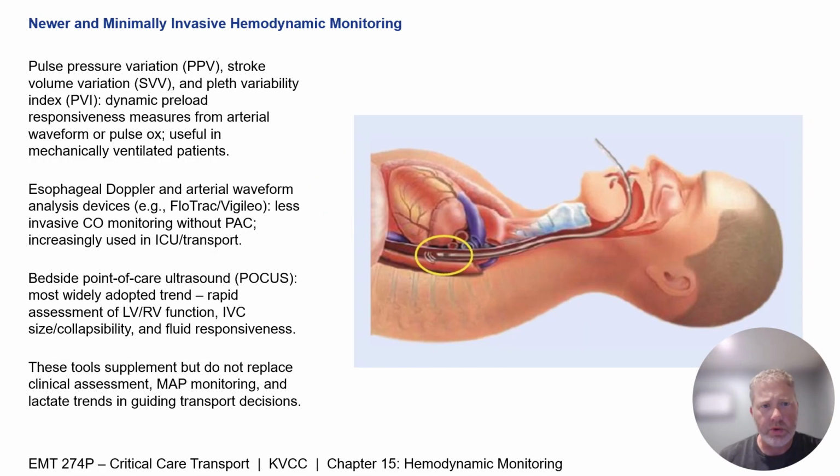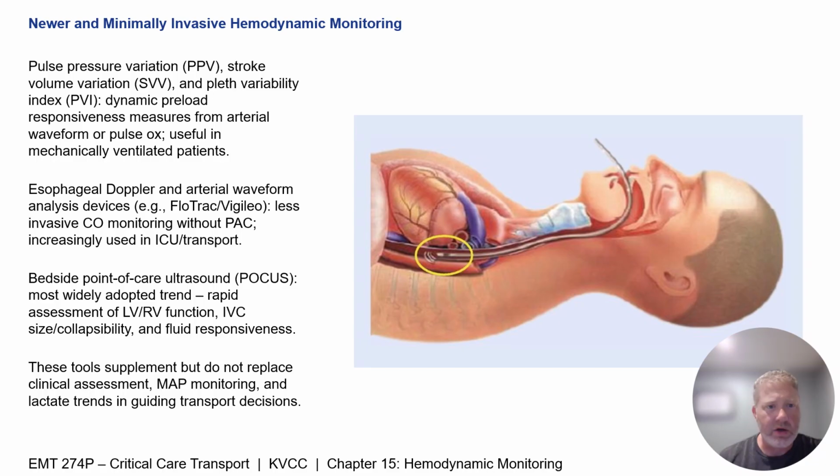There are some newer hemodynamic monitoring methods that aim to provide some clinically useful information with less invasiveness than a PA catheter and others of that nature. Pulse pressure variation and stroke volume variation can suggest preload responsiveness in carefully selected patients who are on ventilators.